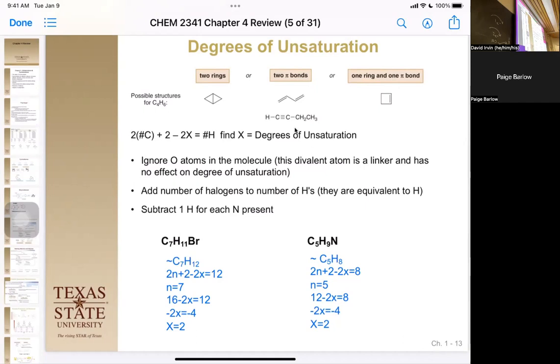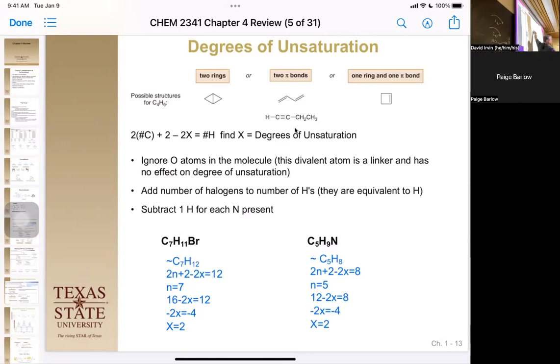So a ring is an unsaturation of 1. An alkene is an unsaturation of 1. An alkyne is an unsaturation of 2, right? So we have a formula, and this is the simplified formula here, but I wanted to draw it out again, that you have 2 times the number of carbons, which is n. n is the number of carbons, okay?